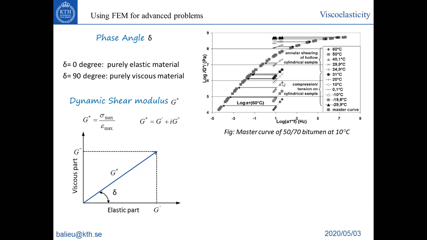Again, this is a master curve which has been plotted for bitumen. It was the same that I explained to you before with the relaxation test. Here we perform a lot of shear tests for many different temperatures for the same frequency range.